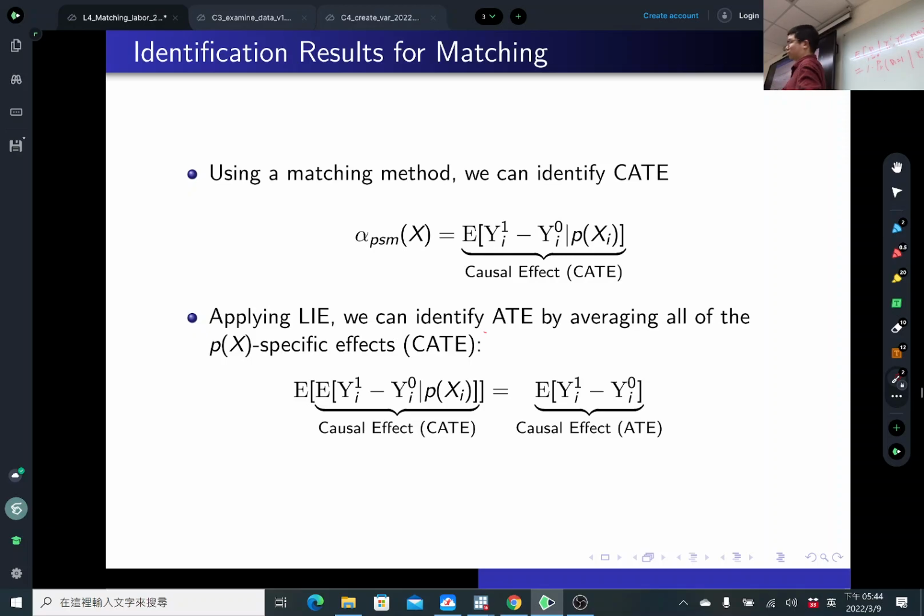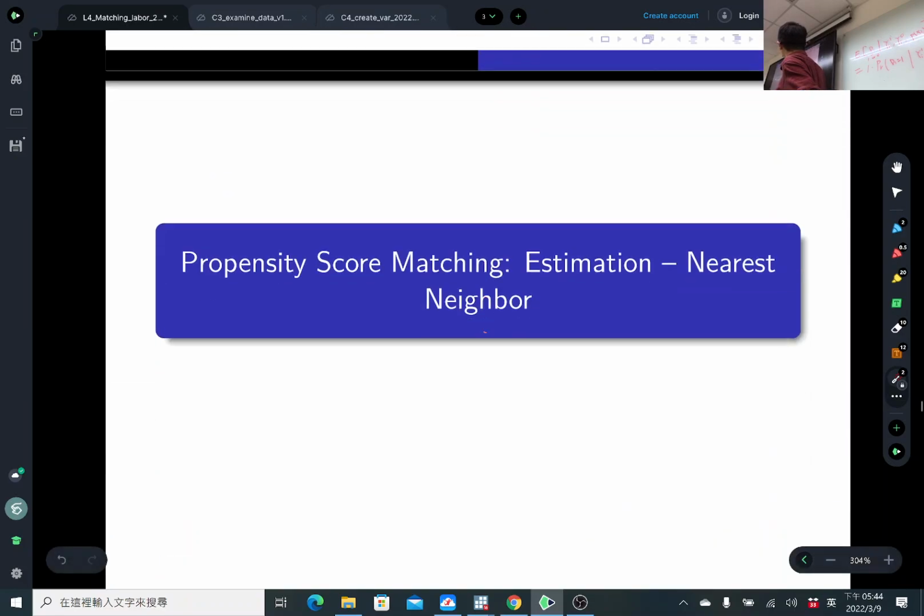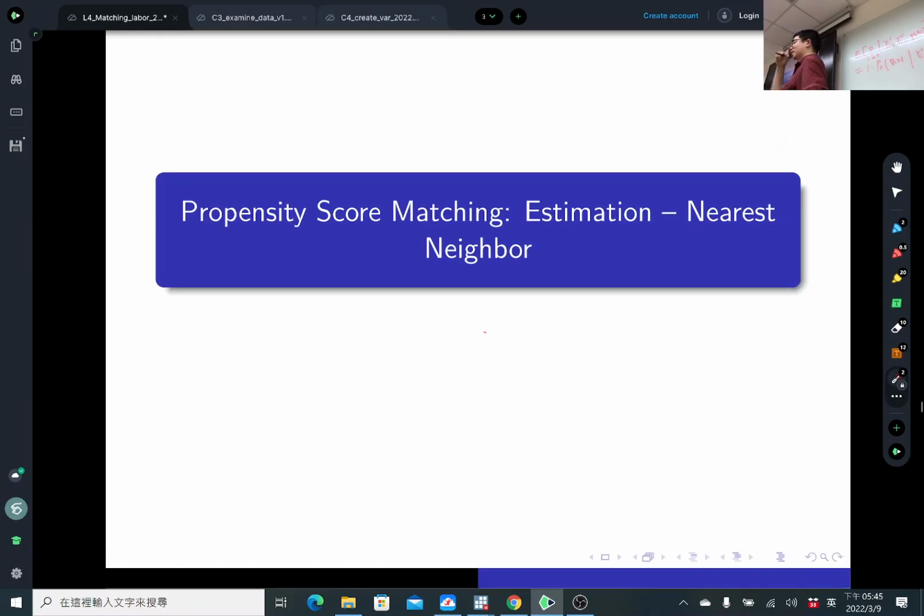So everything is similar to what I just mentioned before. Just replace the x with the propensity score. So I will not spend time going through it again. Any questions?